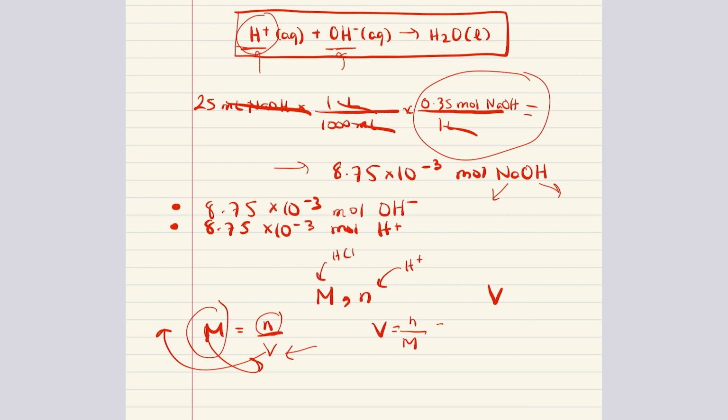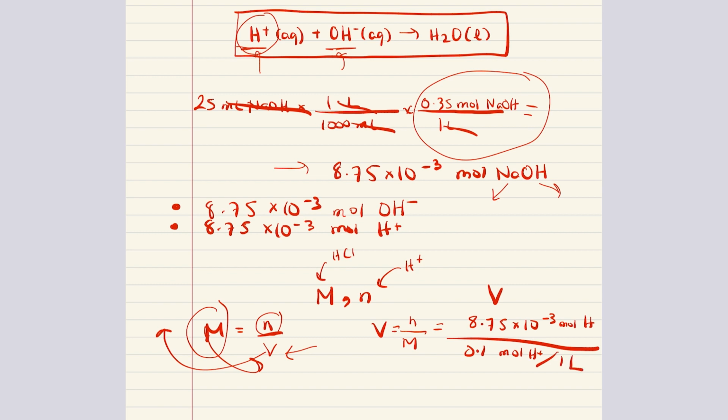All right, we have our moles, 8.75 times 10 to the minus 3 moles of hydrogen ions. We have the molarity of hydrochloric acid, which is also similarly the molarity of just hydrogen ions. This is 0.1 moles of hydrogen ions over 1 liter.